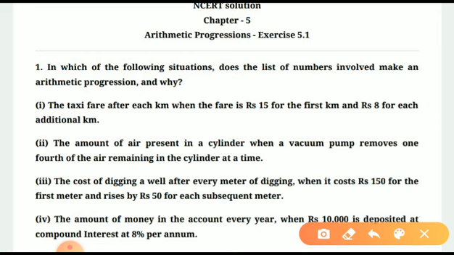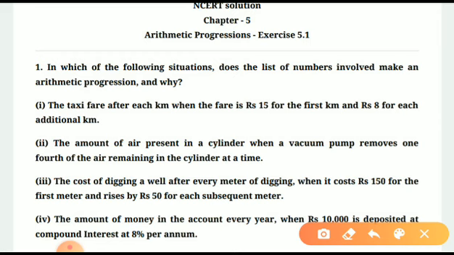See the next. The amount of air present in a cylinder when a vacuum pump removes 1/4 of the air remaining in the cylinder at a time. That means in that cylinder, initially some volume of air will be there.